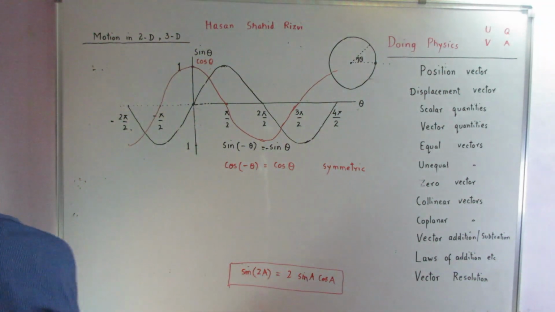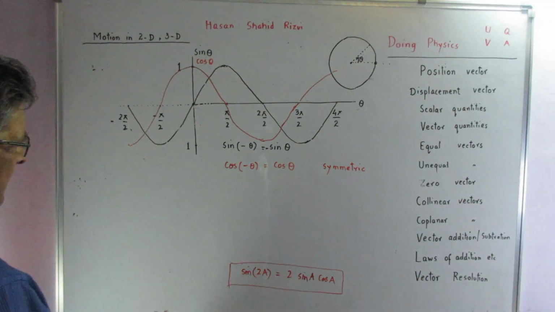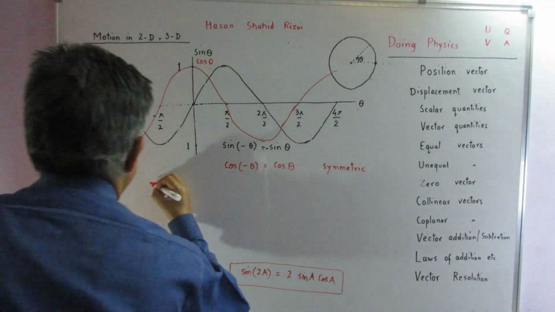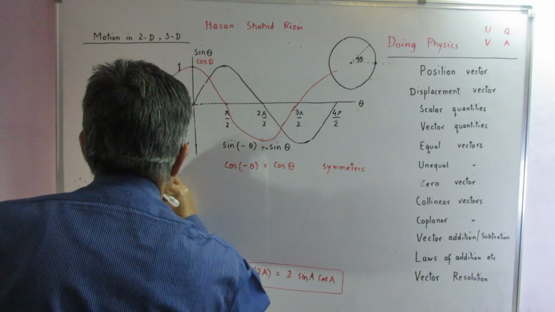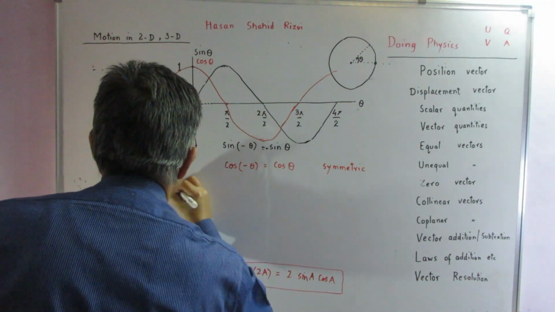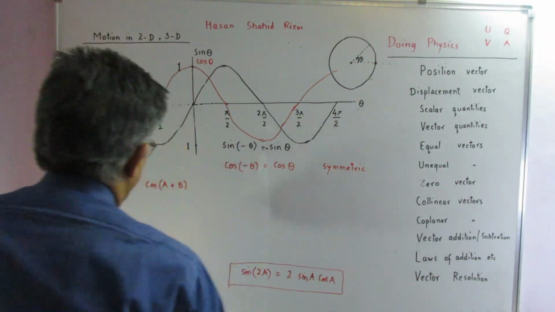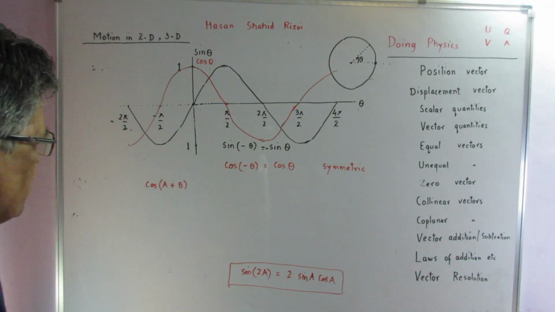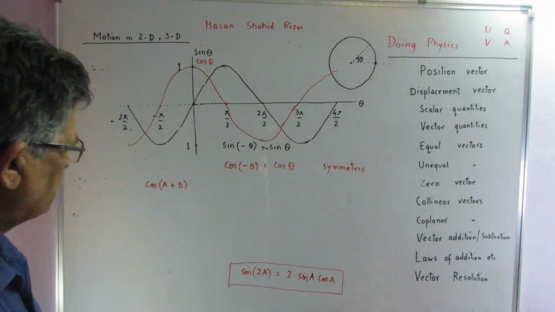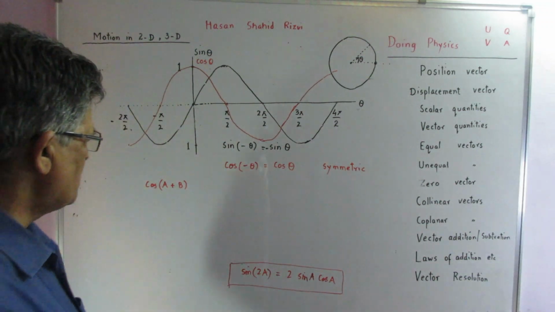Okay, I'll just say that we can write cos of A plus another angle B. Remember, A and B both are dimensionless quantities, so they are just numbers.